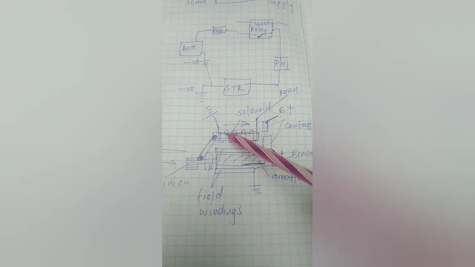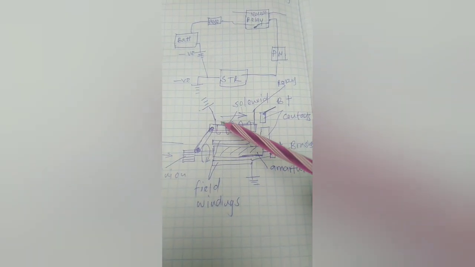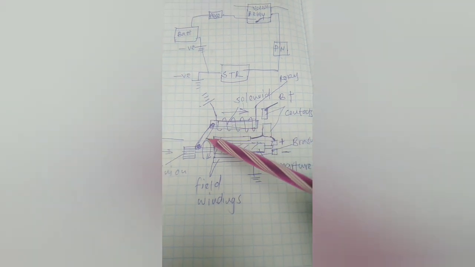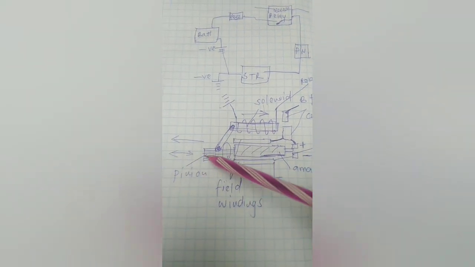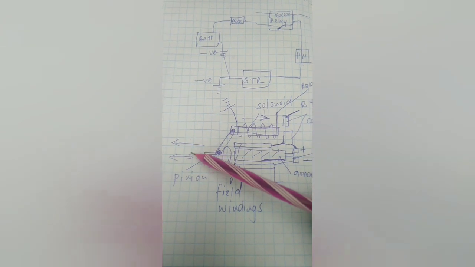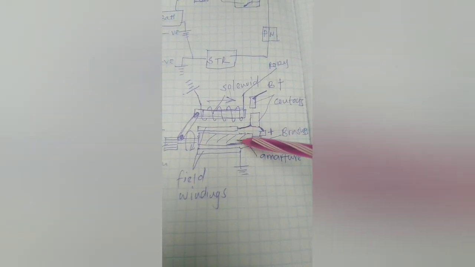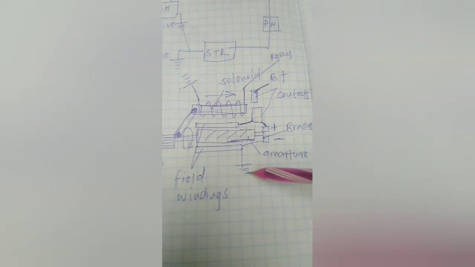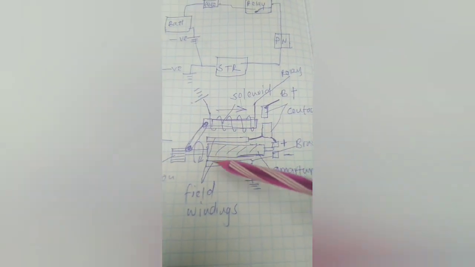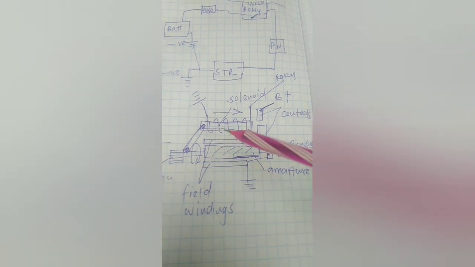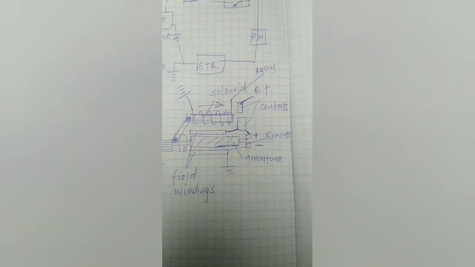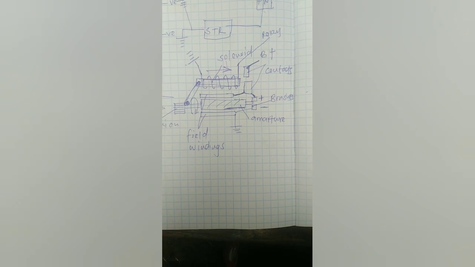Current comes in, energizes your coil, it is pulled in, it pushes out the pinion, your pinion engages with your engine, current then flows to your field and armature and out, and it makes it rotate. So this is how a DC motor works, as our starter is an example of a DC motor.